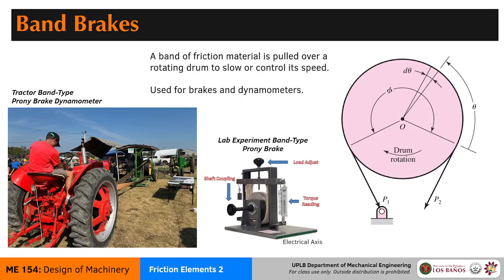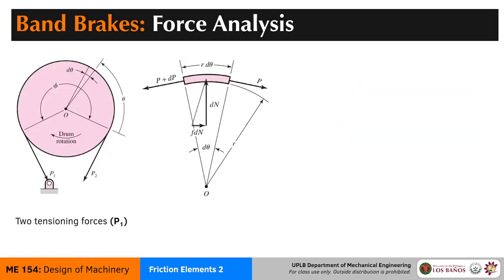All right, let's look at the band itself. We'll look at an element of the band here. This is a section of the band, and the forces acting on this element look a little complicated, so let's break it down. Right now, we're going to assume that the drum is rotating clockwise.